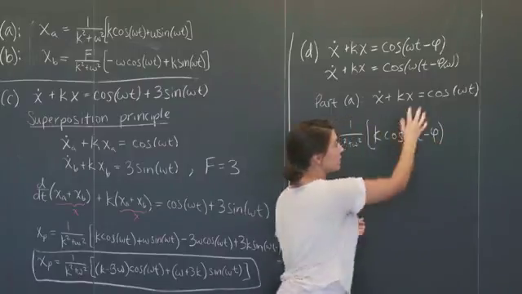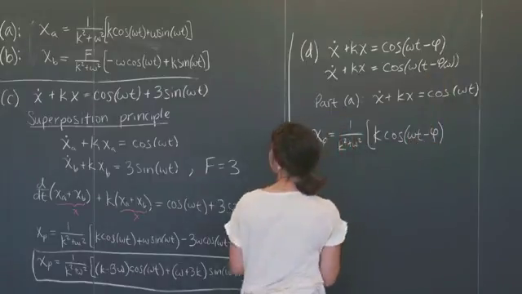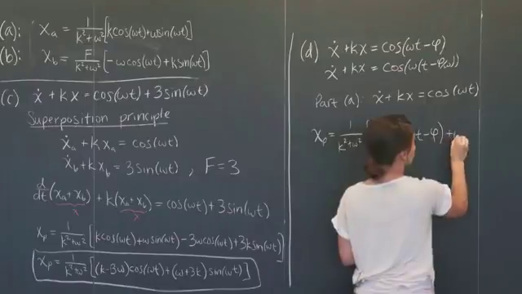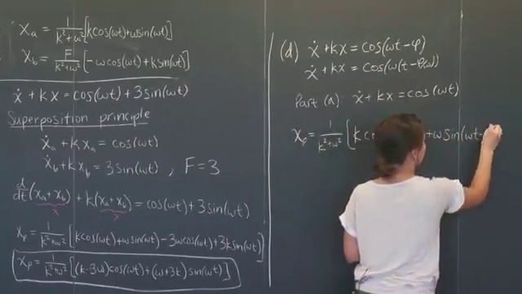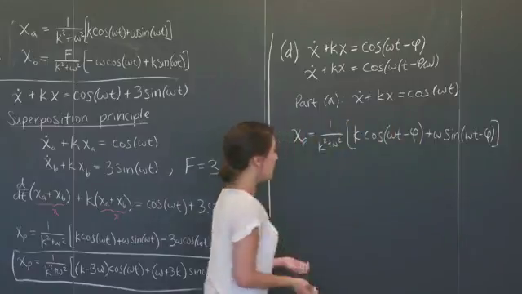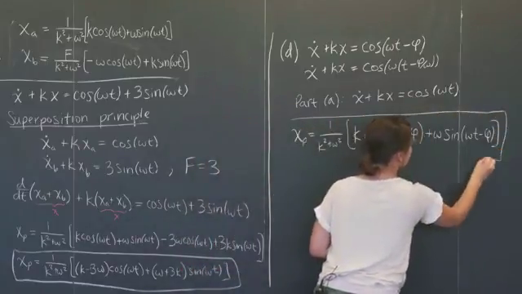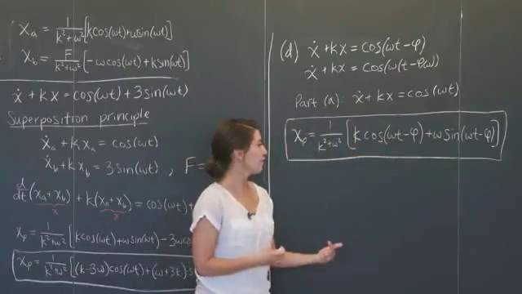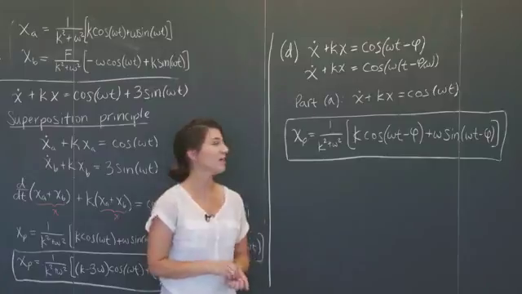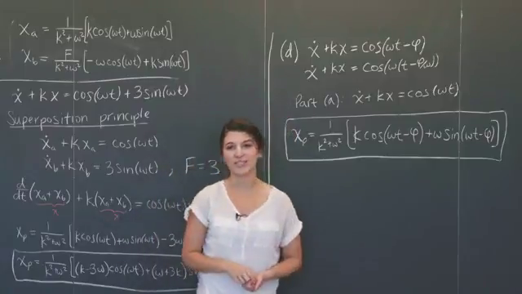So when I substitute this in for t, omega distributes through, and I get this factor again, plus omega sine omega t minus phi. And that's the solution for the ODE in part D. Now we could have gone through and done the ERF and everything all over again, and we'd get the same answer. But this is just a nice property of the equation that we could just apply the work we had done previously.